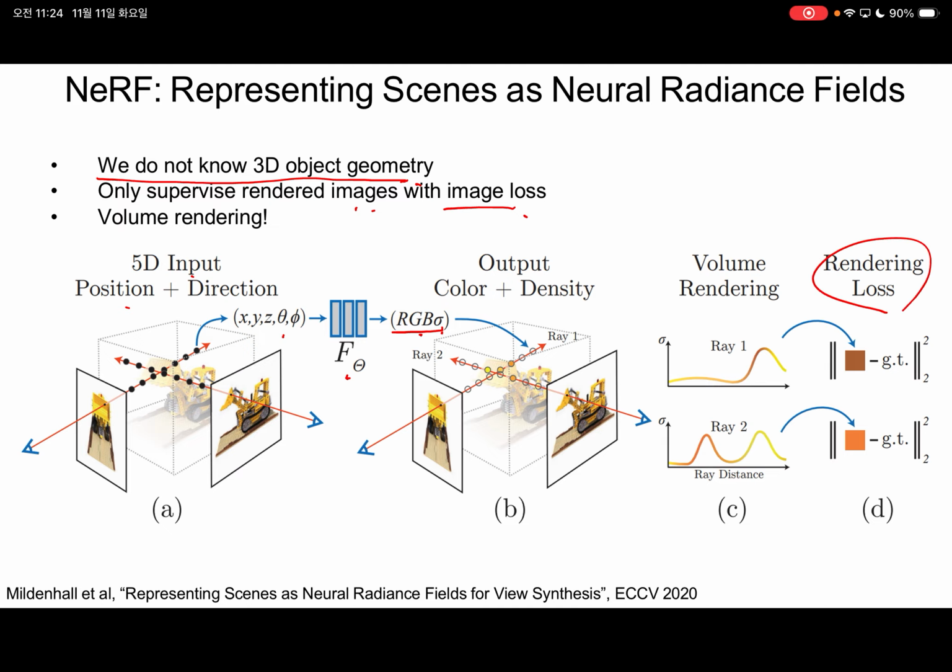That is the rendering loss. Assuming we have multi-view images, we can optimize the neural network. That is how we train it.